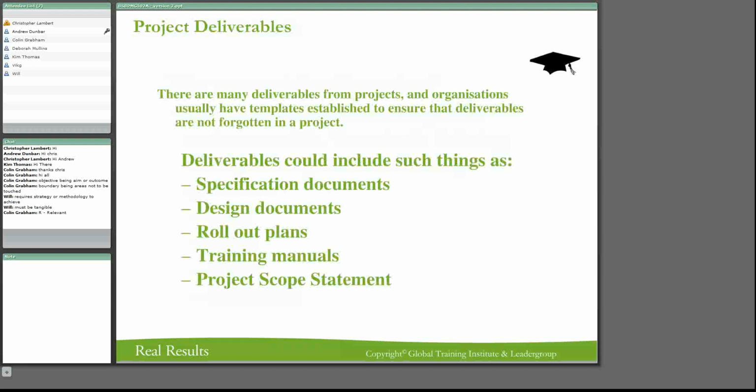Design documents have to do with identifying what the product is. Rollout plans have to do with the structure of it. How is this thing going to be rolled out? How is it going to be done? Training manuals, and the scope project statement as part of the deliverables of the project.